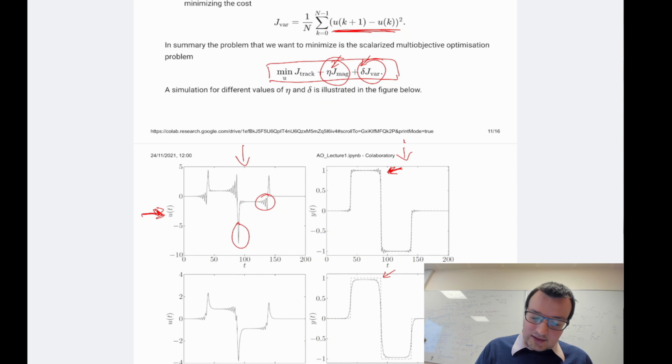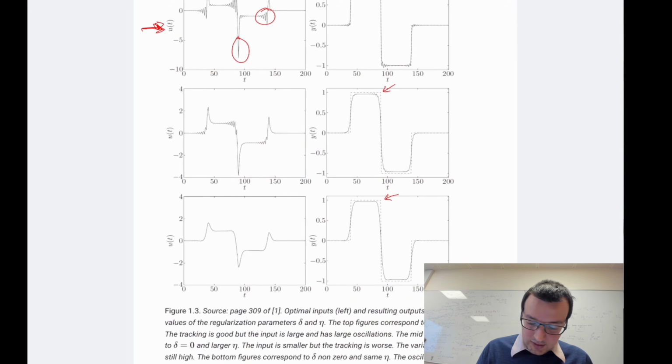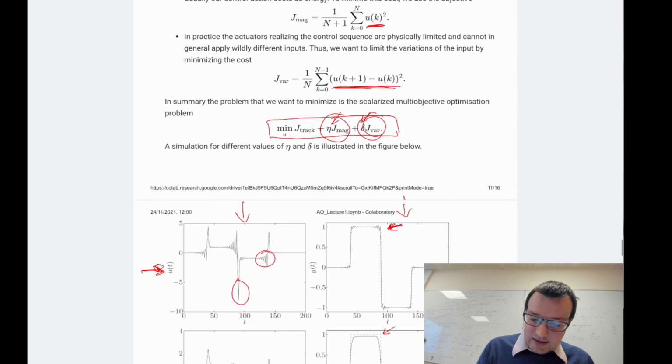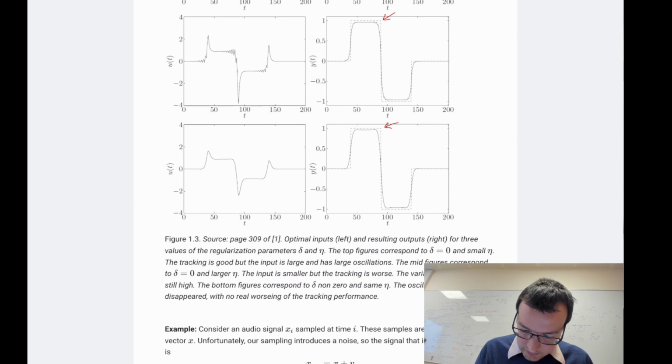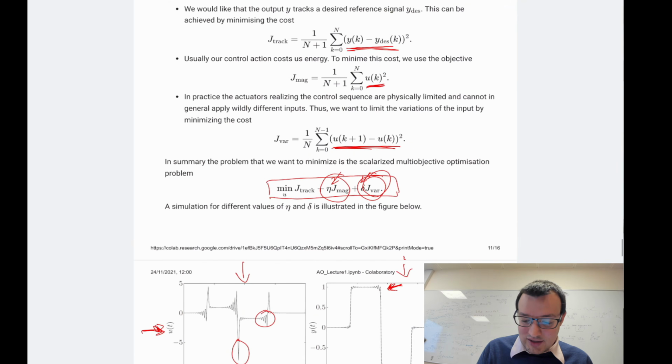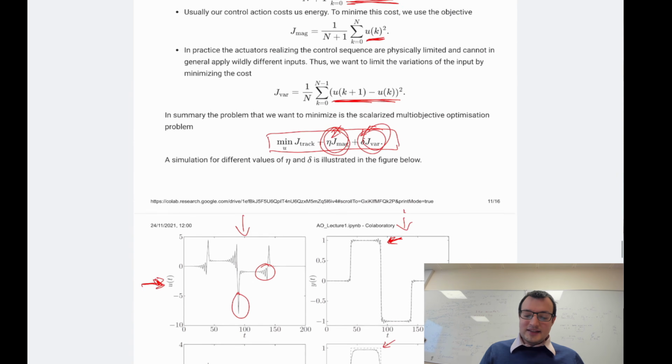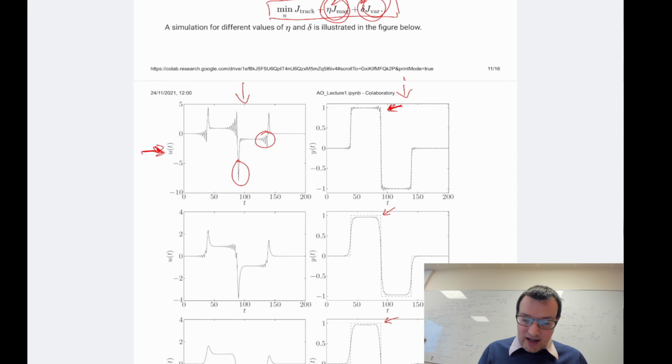So then the next case we're going to consider is the one in which we still have delta equal to 0, but we have a larger eta, okay? So that means that now in the second plot, we care about not having too big a magnitude.